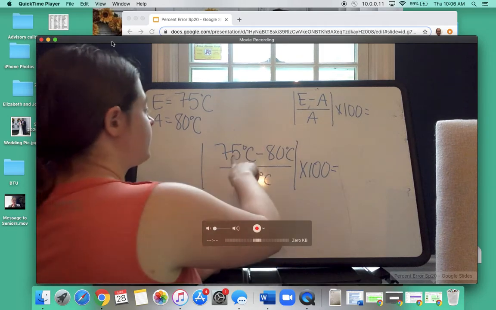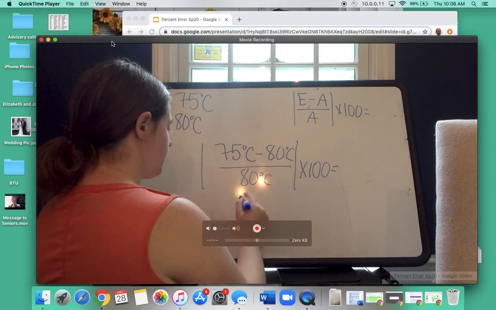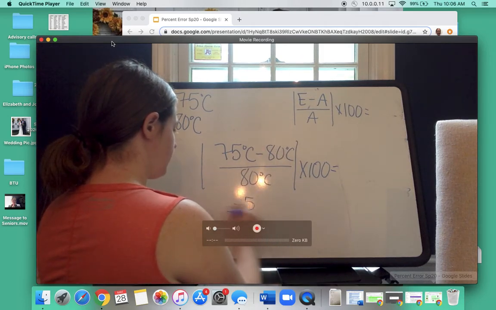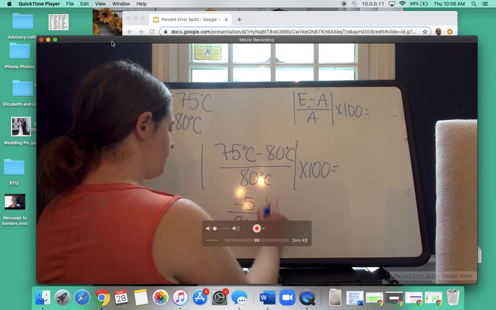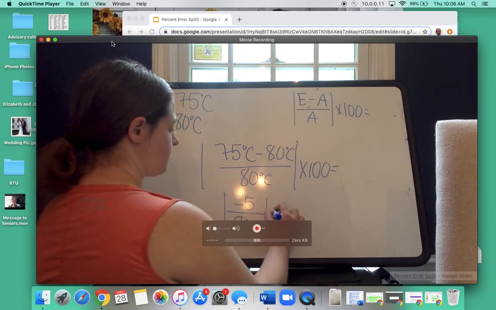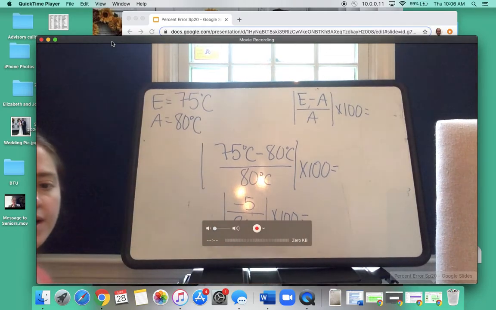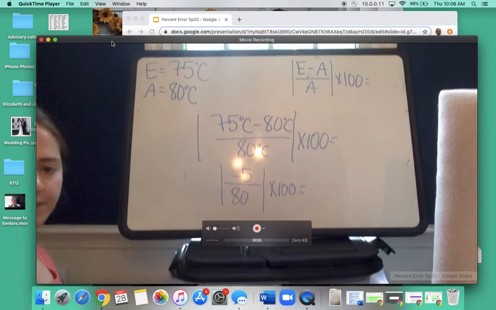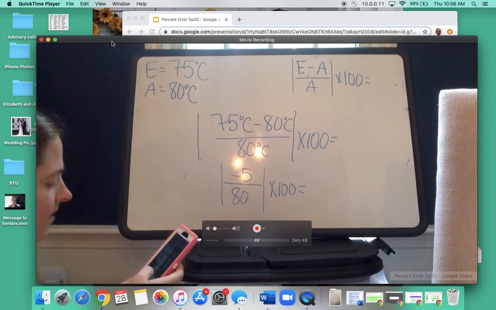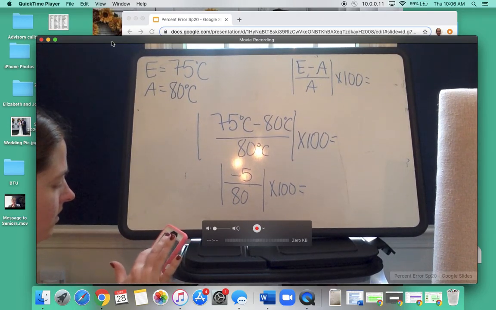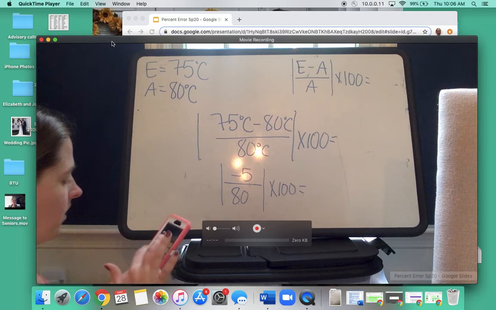So 75 minus 80 is negative 5, divided by 80, and we know this goes in absolute value, and we multiply times 100. So let's do the math. We have negative 5 divided by 80.